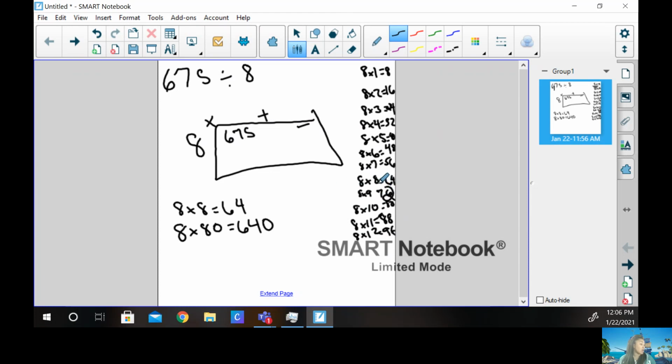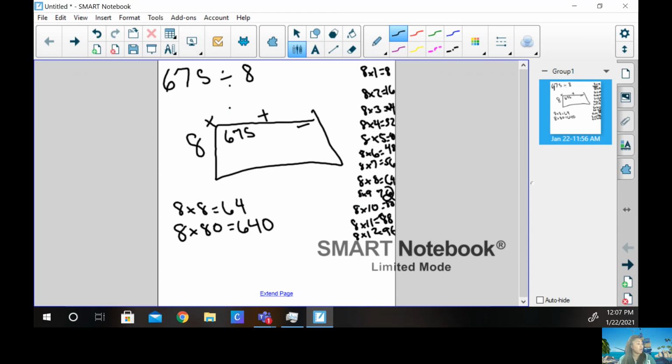So we saw that this one was 64. Well, can I go higher? So 8 times 9 is 72. So therefore, I can't go higher, because if I do 8 times 90, I get 720. So 8 times 80 it is.